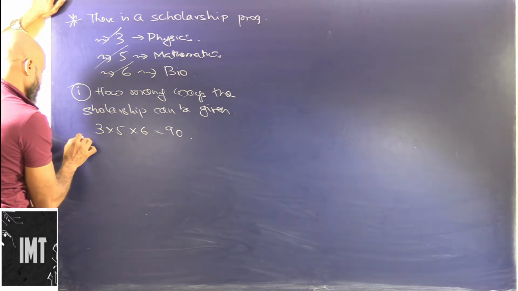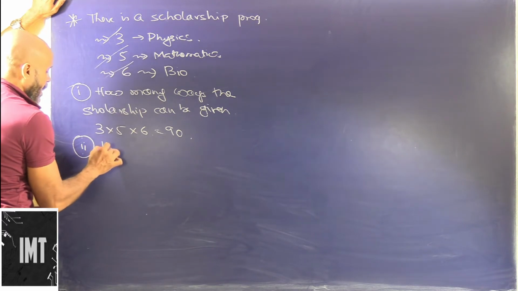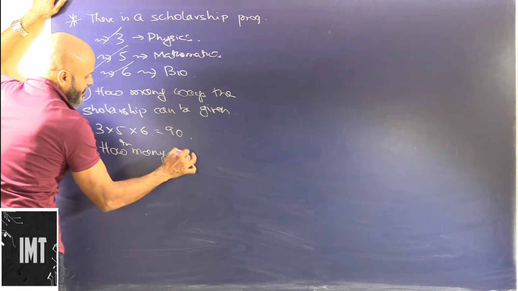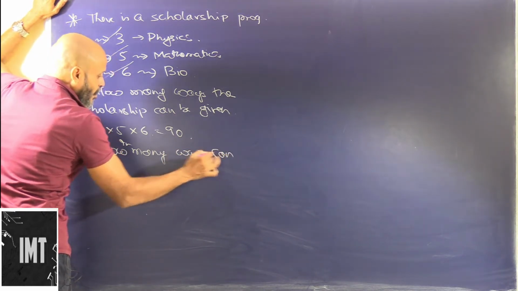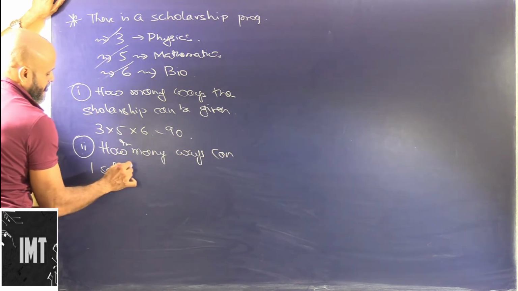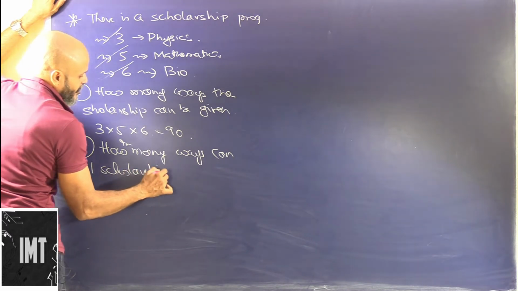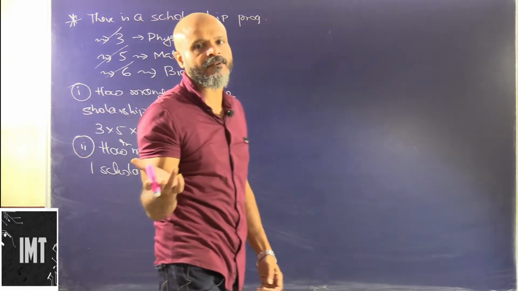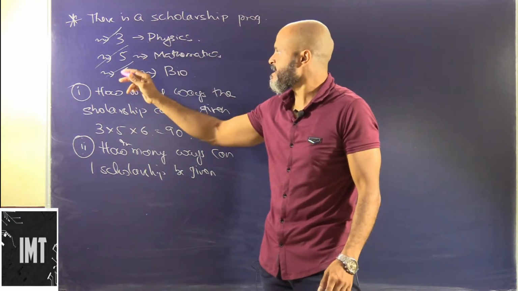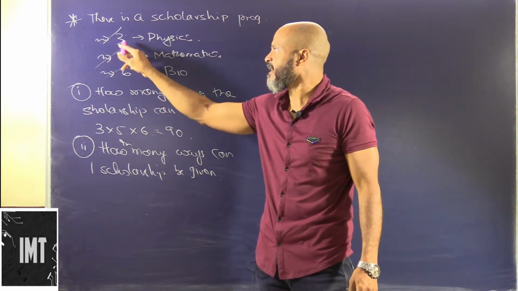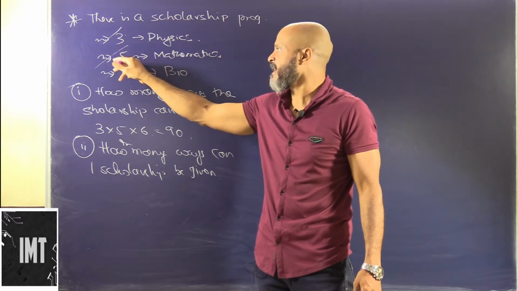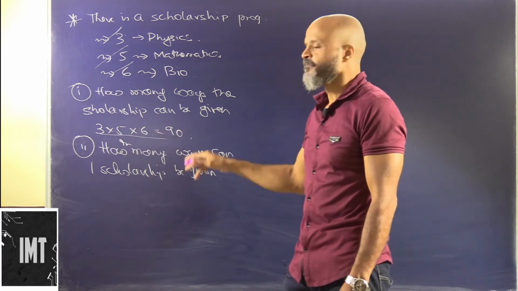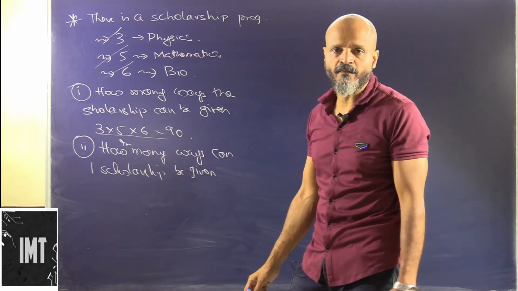Now if the question asked here is in how many ways can one scholarship be given? Obviously 3 ways physics can be given, so the combination can be anywhere. 3 can be combined with any of these 5, and any of these 5 can be combined with any of these 6. So together, this will be 90. Okay, 3 into 5 into 6.